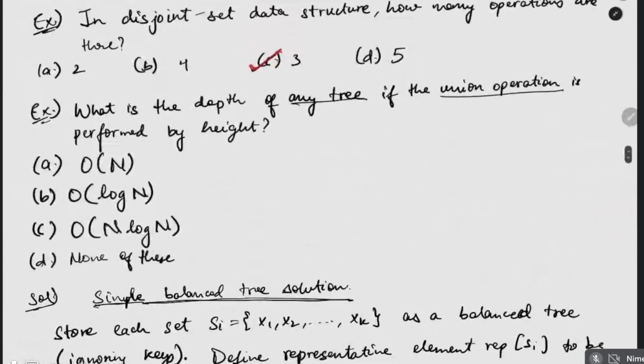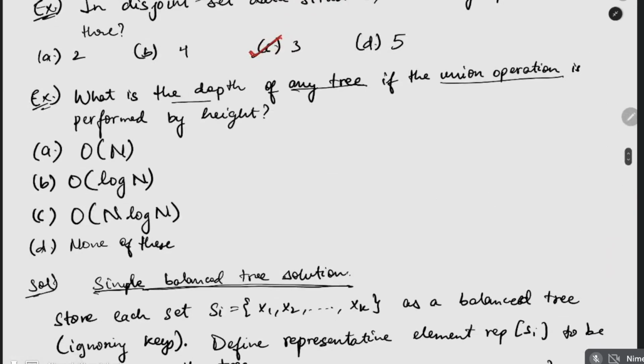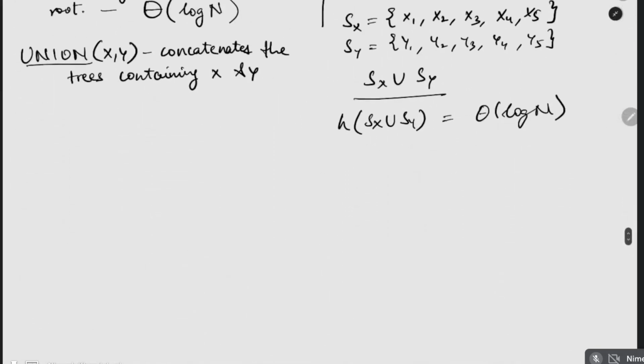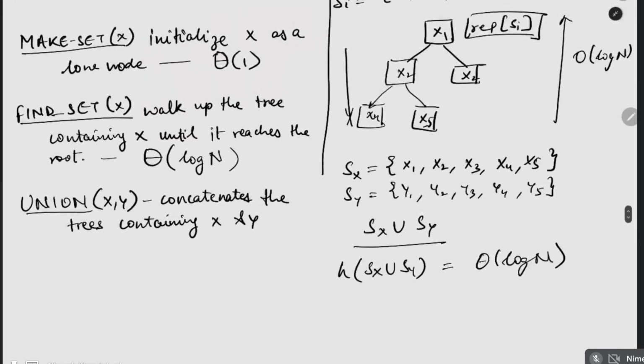So for the original question, what is the order of the depth of the tree if the union operation is performed by height? It means that it is the union by rank, as some sources call it. Whichever has the larger rank becomes the new parent.